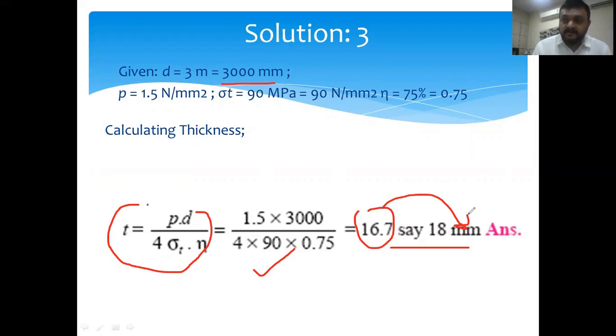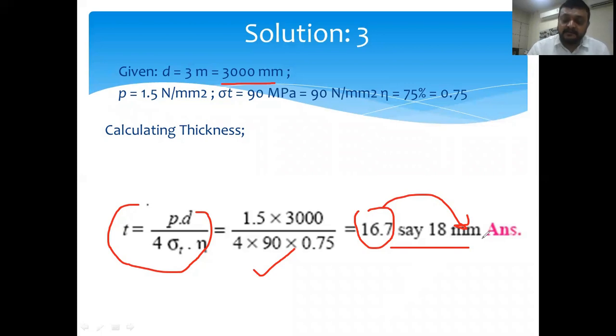you have to refer to my preferred number and standardization video lecture, in which we have seen that certain industrial components are designed in standards. We may use 16 mm, then the next standard size may be 18 mm, not 17 mm. So in that case, the nearest standard size should be taken. That is why we have put 18 mm.